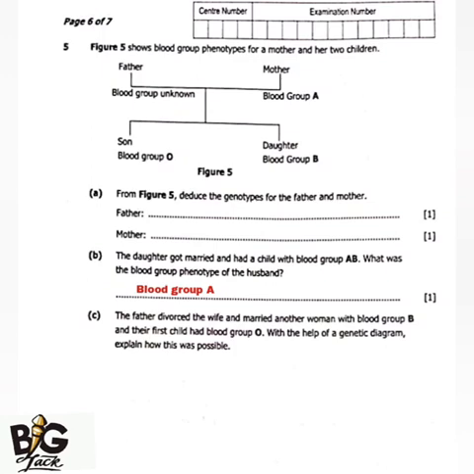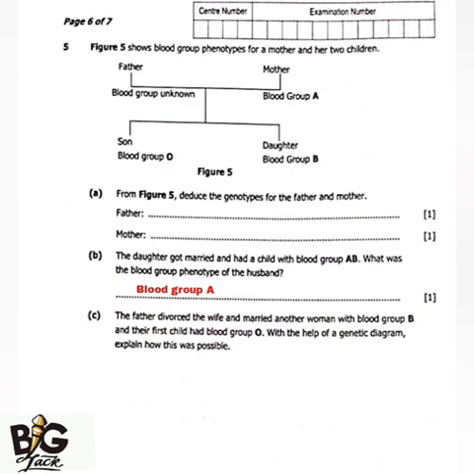Then the last one, which is C, the father divorced the wife. Now remember, the father is having blood group B as heterozygous dominant. So the father divorced the wife and married another woman with blood group B. Now in this part, we don't know if the woman is having blood group B as homozygous dominant or heterozygous dominant, but the result of the offspring is going to tell us.